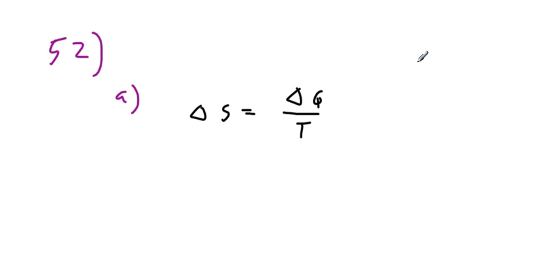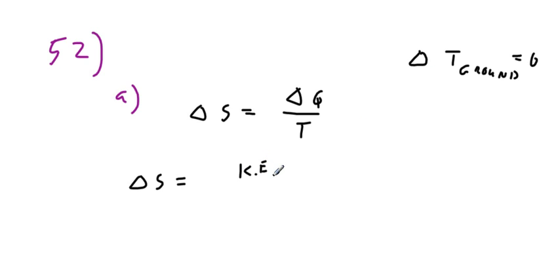Okay, so the change in temperature of the ground is going to be 0. I'm not going to change the temperature at all. So the change in entropy is going to be the kinetic energy divided by the temperature of the ground.